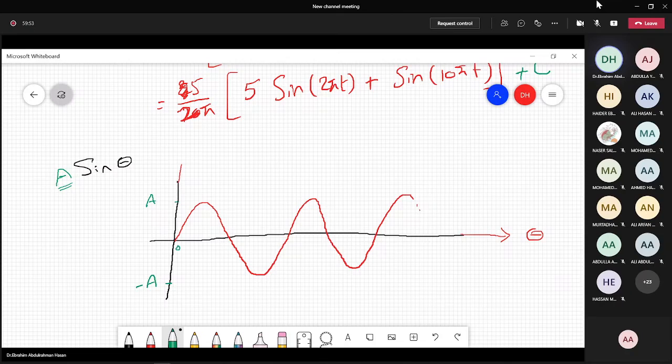At 90 it is equal to 1, so this is 90 degrees. At 180 it is 0 again, so this is 180. At 270 it is minus 1, so this is 270. Here it is 360.